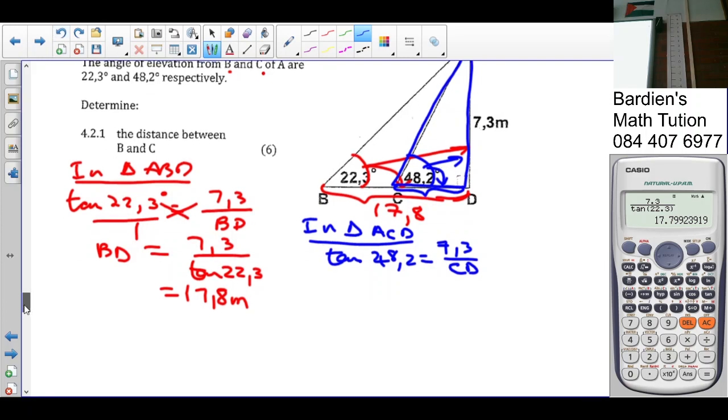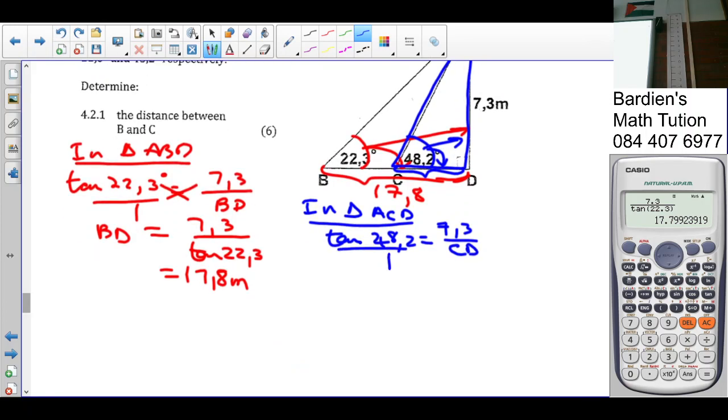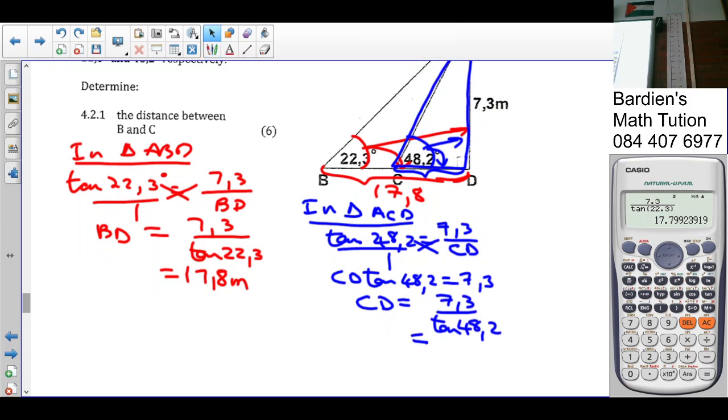So what do I do now? Cross multiply. So CD tan 48.2 equals 7.3. How do we get the CD on its own? Divide by tan 48.2. Put that in the calculator.